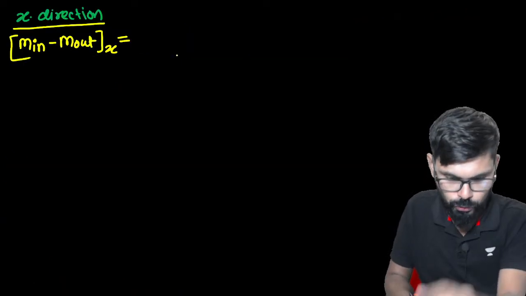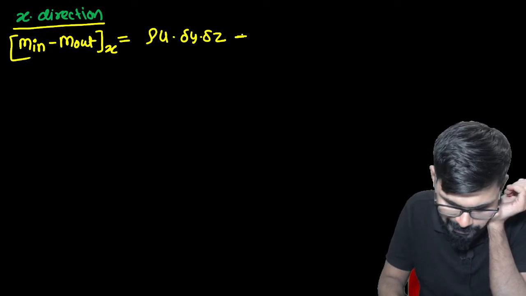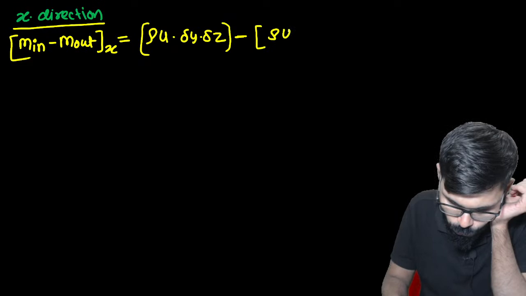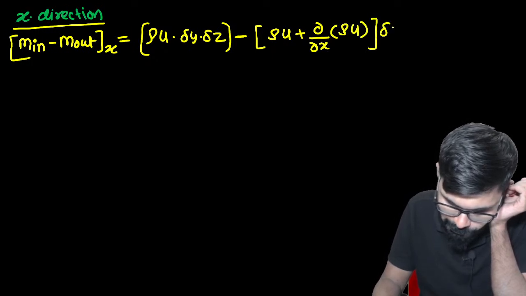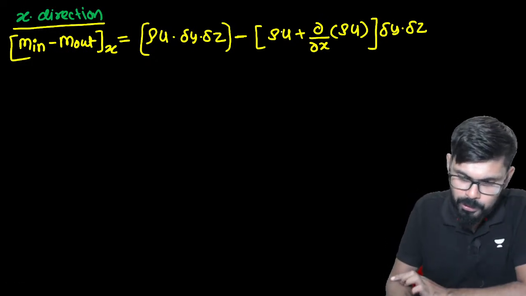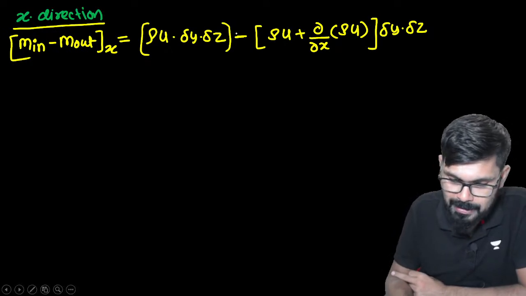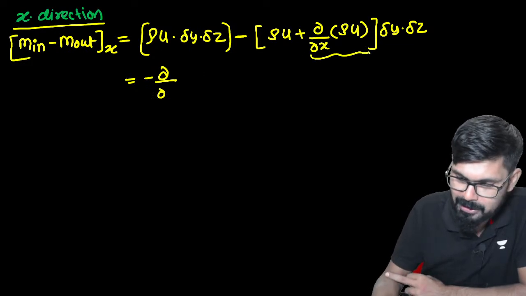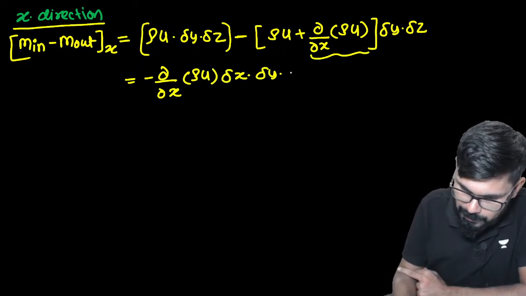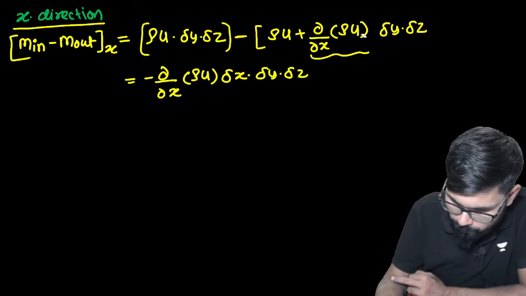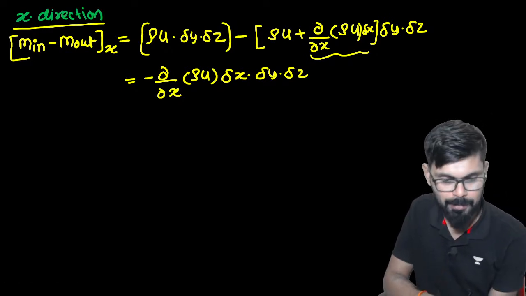Entry is rho into u, into delta y delta z in x, right? Minus m out. What is m out? m out is rho into u plus dou by dou x of rho into u into delta y delta z. Clear? Now these two rho u terms will cancel out, right? So finally what remains is minus dou by dou x of rho into u into delta x delta y delta z. Right, this is basically m in minus m out in the x direction.